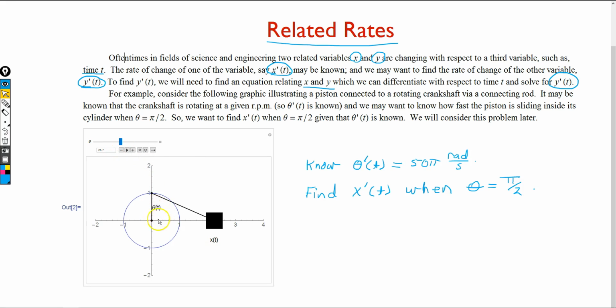Say theta is right there at pi over 2, we may want to know how fast this piston is sliding up and down. There's a good reason why an engineer might want to know that. It might be related to the wear of the cylinder in some respect, or perhaps this is connected to another piece of machinery and you have to know how fast that other piece of machinery is then going to move.